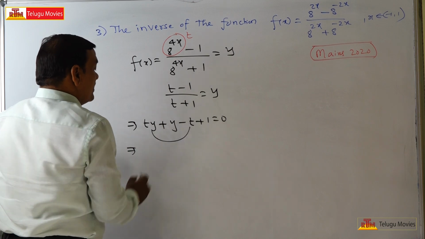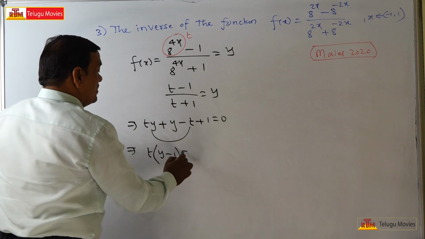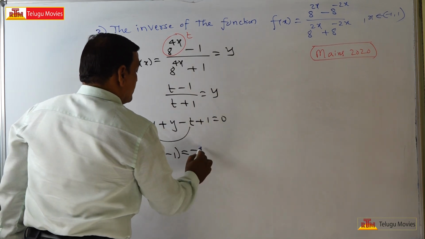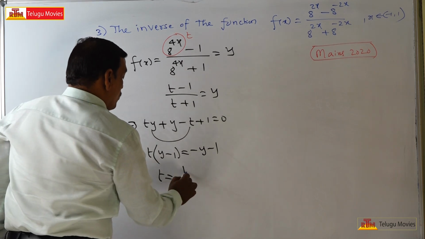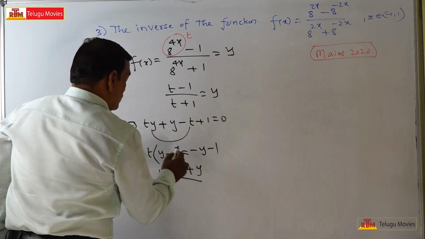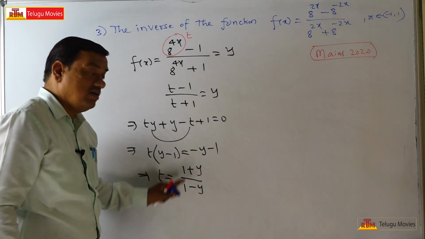From this, take t common outside. So if you take t common, y minus 1, and this goes to minus y minus 1. So t is equal to (1 plus y) by (1 minus y), because I multiplied with minus 1.